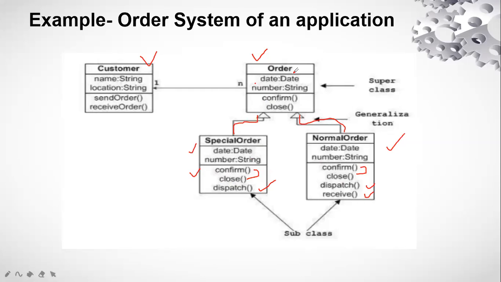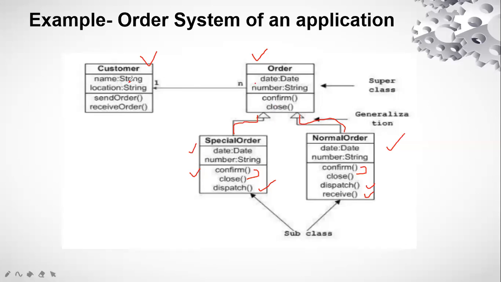So this is forming the superclass, and these are forming the subclasses. Special order has date and number, same with the order. The methods or operations are specific here, apart from confirm and close. So this is the superclass, and these two are the subclasses forming the generalization relation.